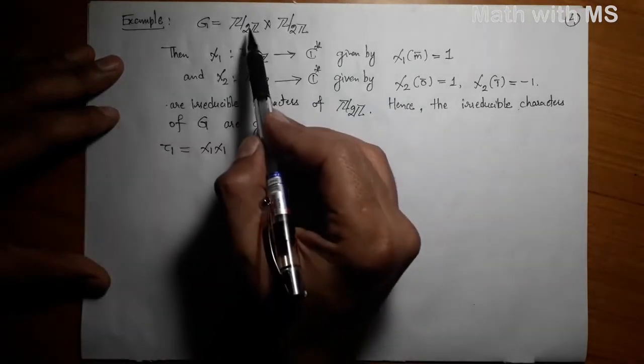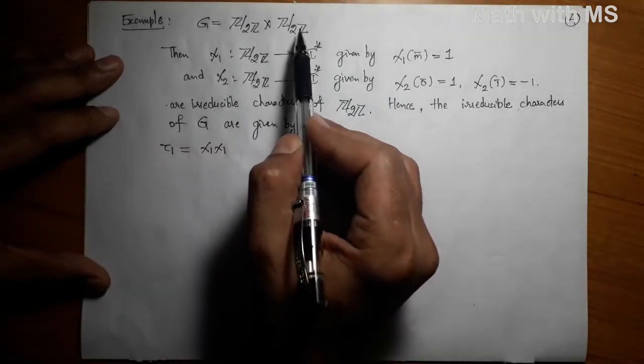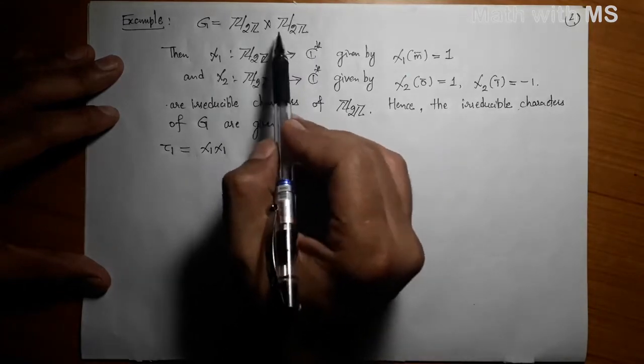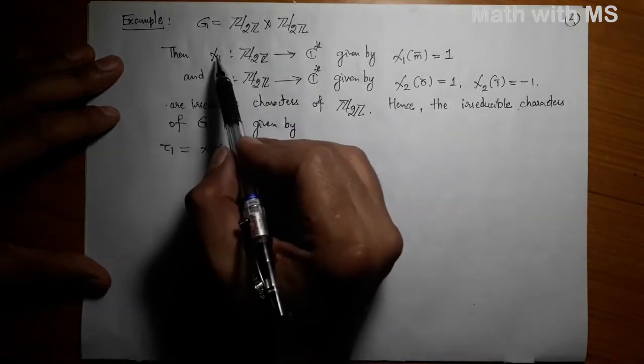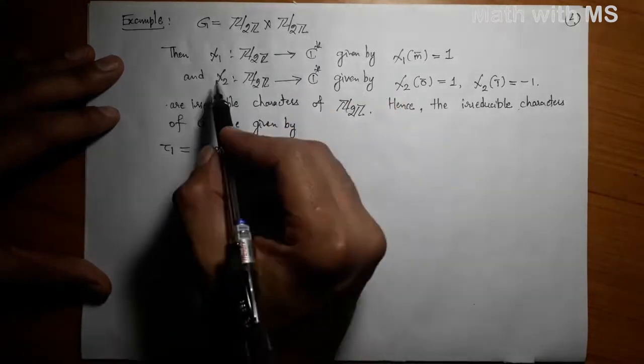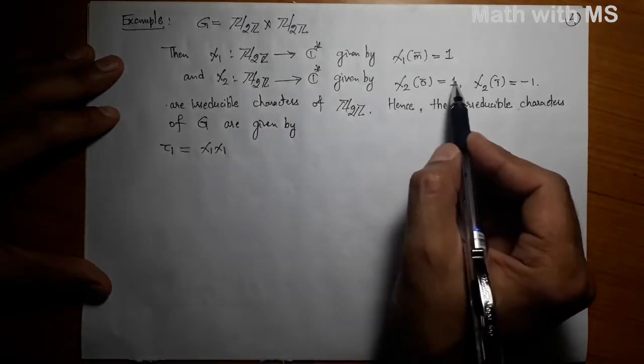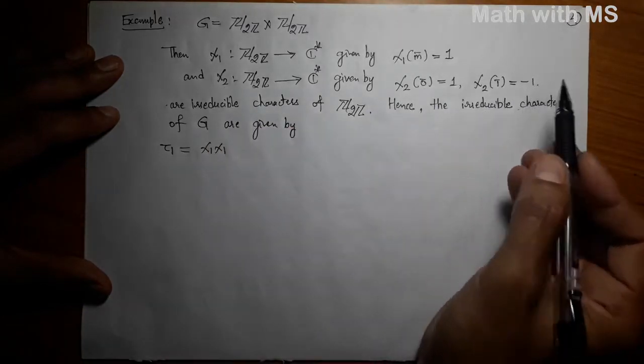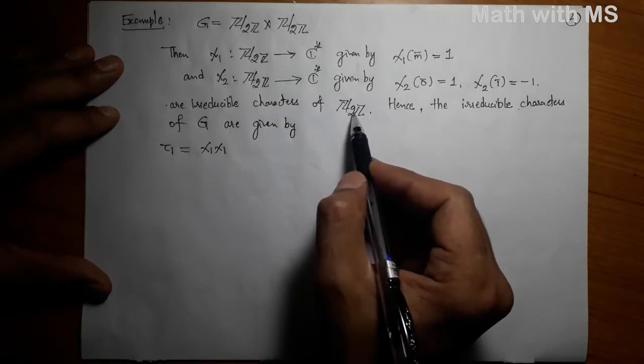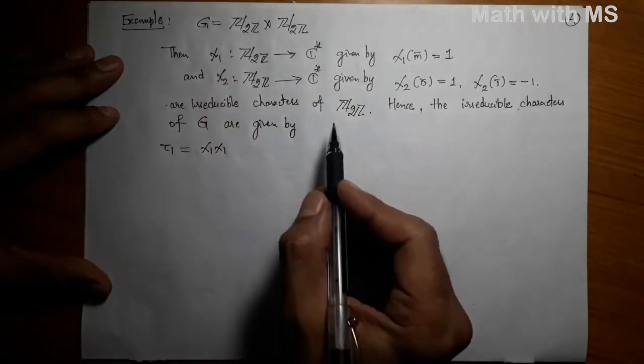Let us illustrate this by a very simple example. Take G to be Z mod 2Z times Z mod 2Z, which is not the cyclic group, it is in fact the Klein-4 group. Then the trivial character chi1 and the character chi2, which take 0 bar to 1 and 1 bar to minus 1, are irreducible characters of Z mod 2Z. In fact, they are all the irreducible characters of Z mod 2Z.